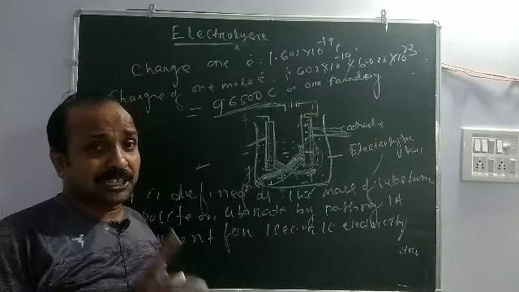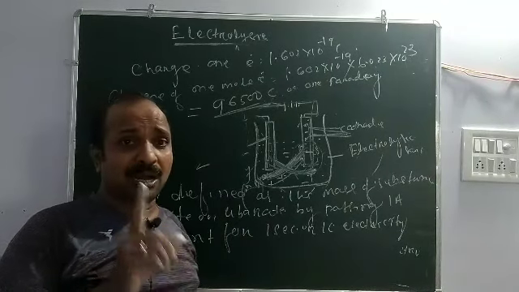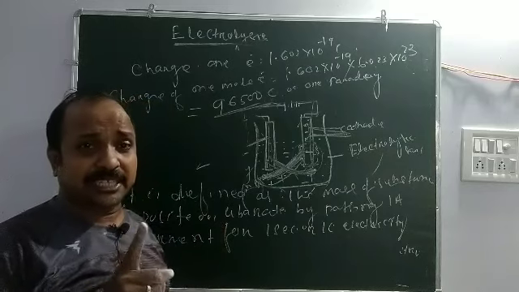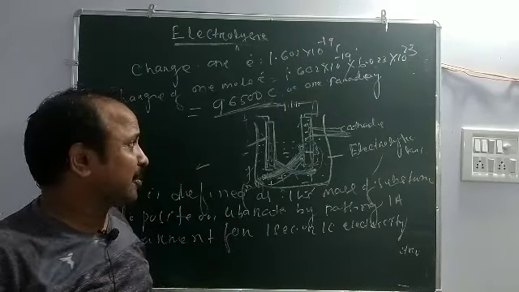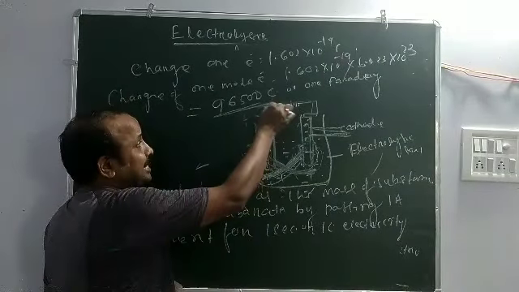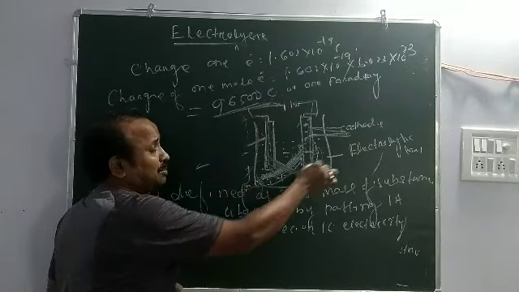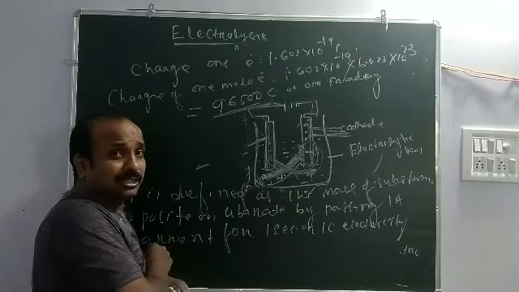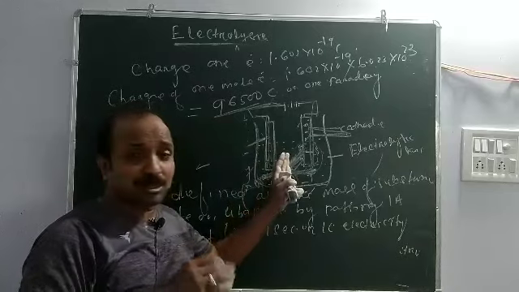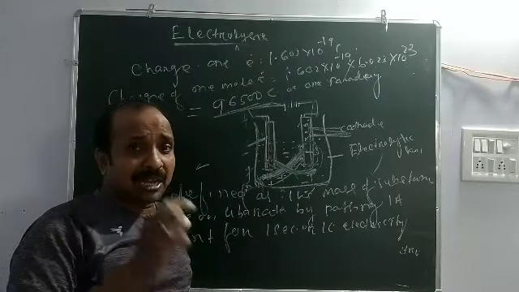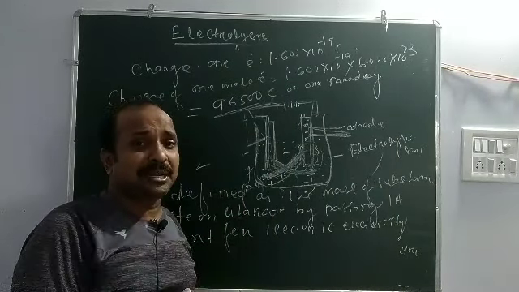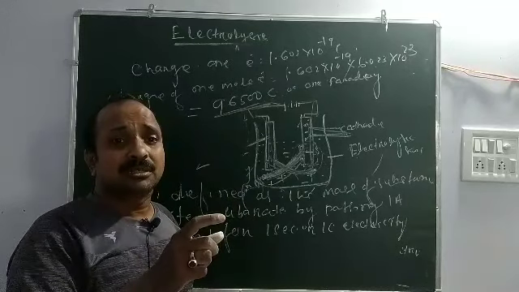When 1 Faraday or 96500 coulomb electricity passes through a solution, the mass of substance deposited or liberated is the gram equivalent mass of the substance.